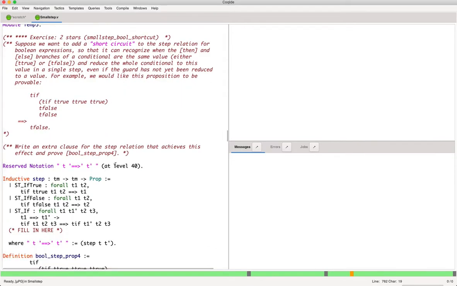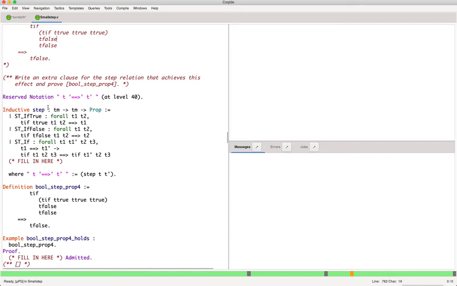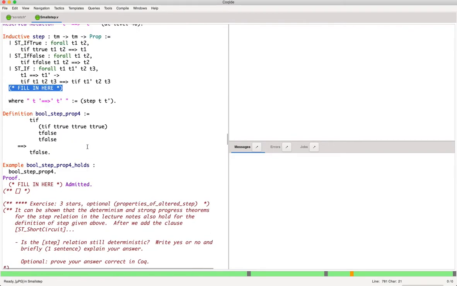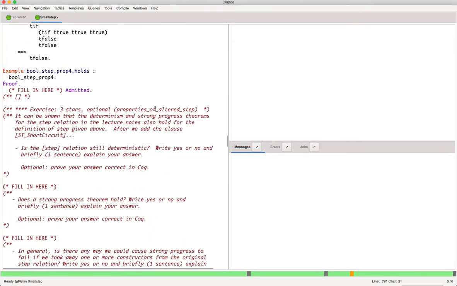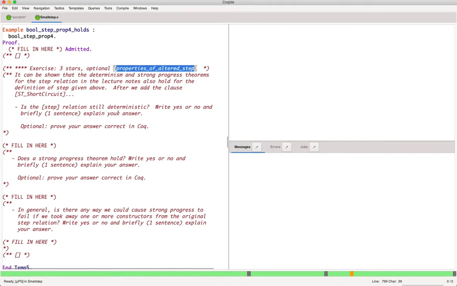So the exercise that you have to do for homework is to extend the step relation with a rule that gives you this sort of optimized evaluation. And then go on in this exercise down here, properties of altered step, to reason about whether this step relation is still deterministic.